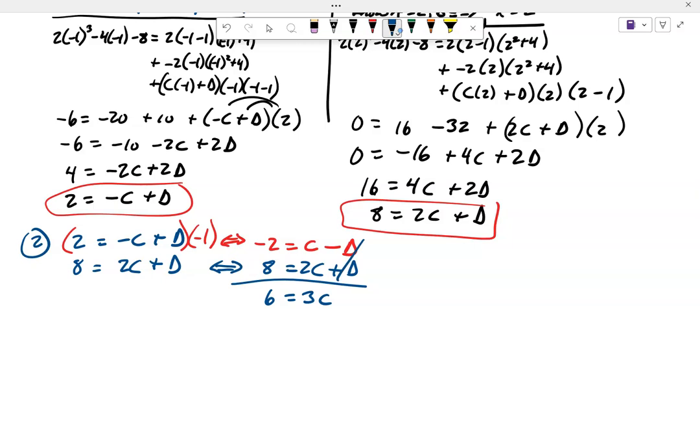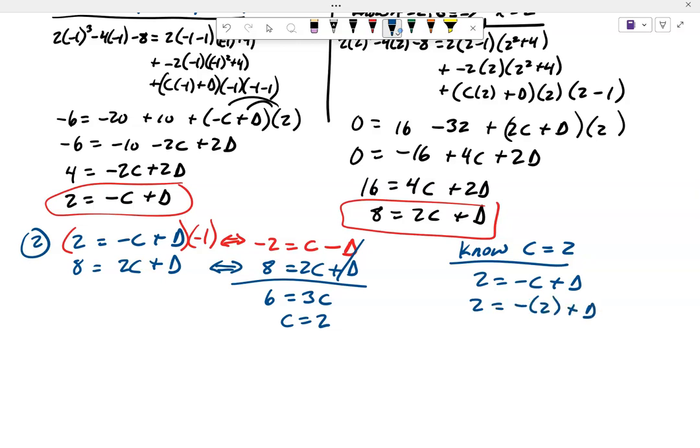I divide both sides by 3, so my C ends up being 2. And now that I know my C is 2, I could take either of these. 2 equals -C plus D. I'll just take that first one. Add 2 to both sides. So it looks like my D ends up being 4.